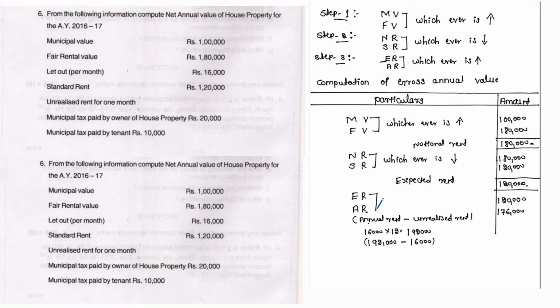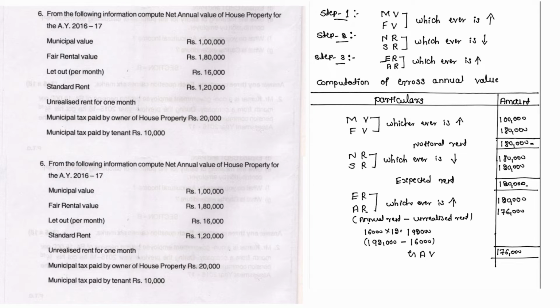In this, whichever is higher. So 1,76,000 is your higher amount. This will be your gross annual value.